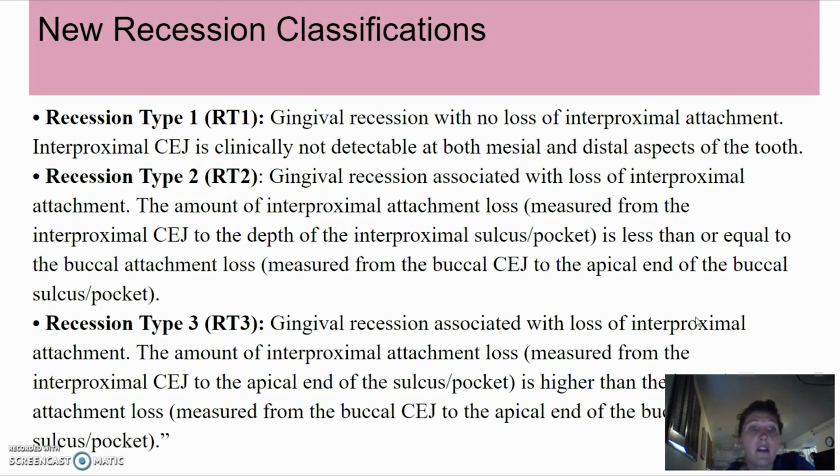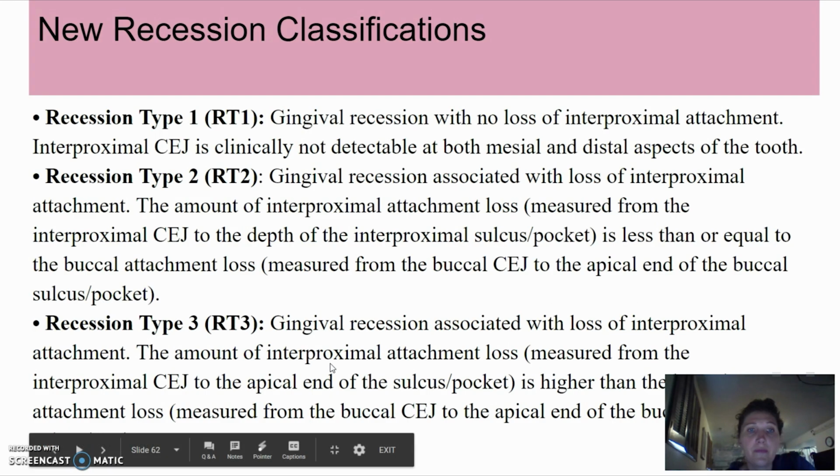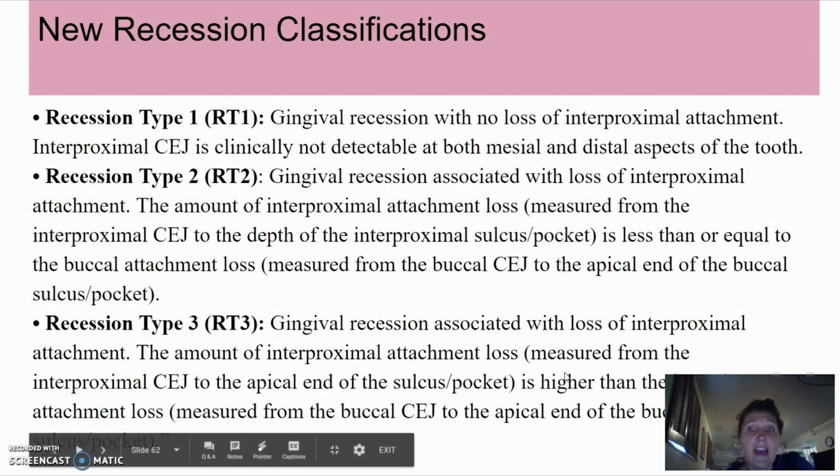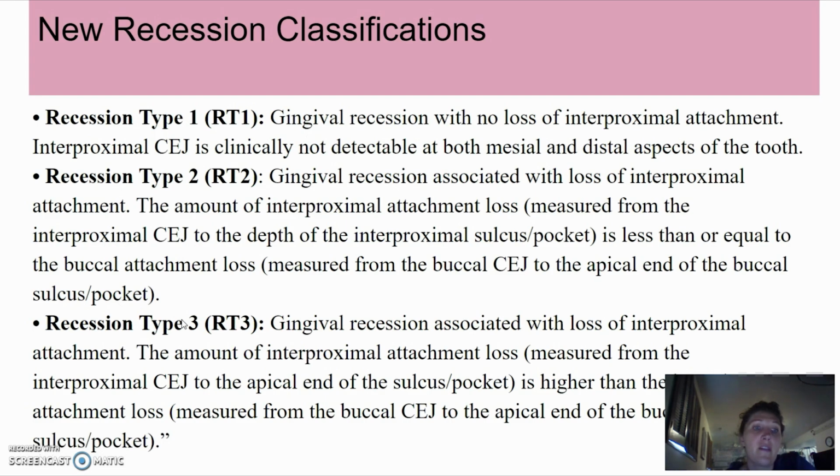And type 3 is loss of interproximal attachment where the amount of interproximal attachment loss is higher than the buccal attachment loss. So if you see this on a patient, you might say how much they have and then give them a recession type. You could implement that into your practice if that's something that you and your dentist choose to do.